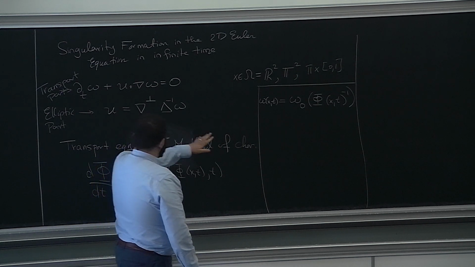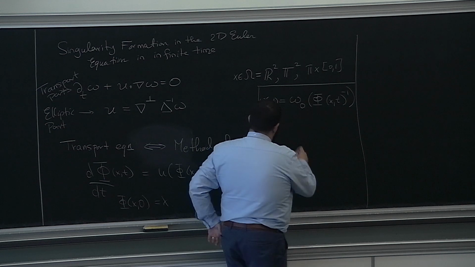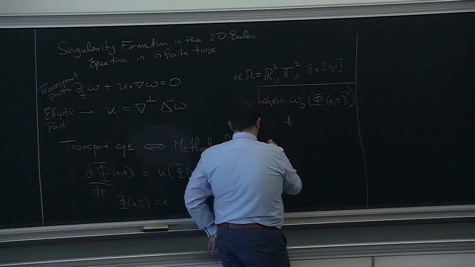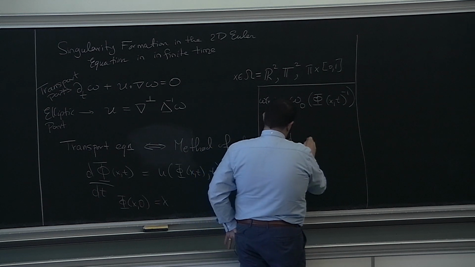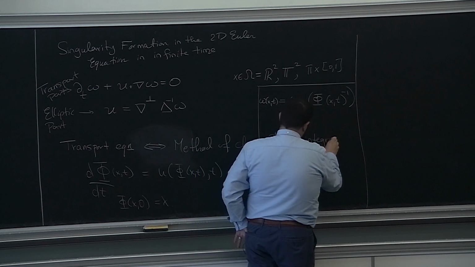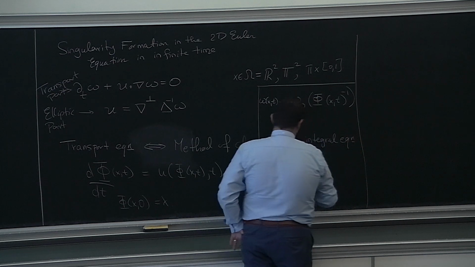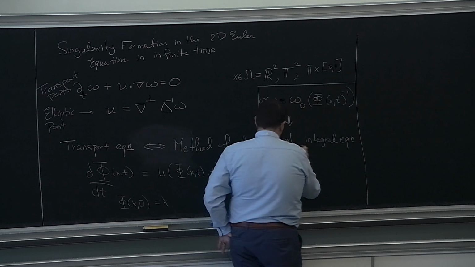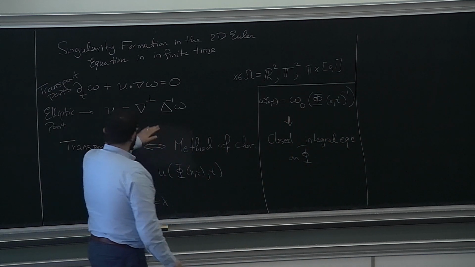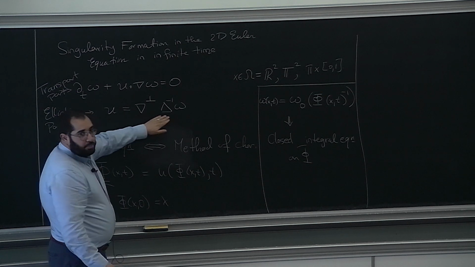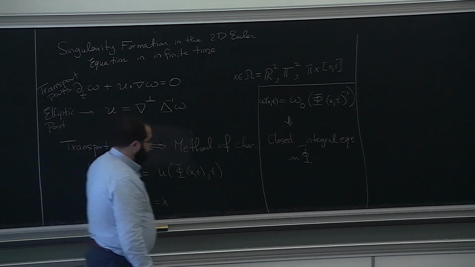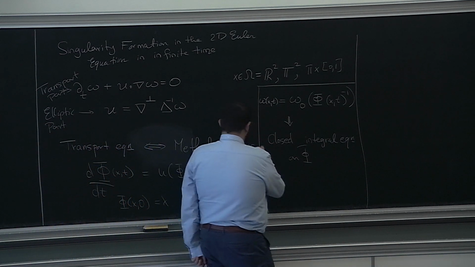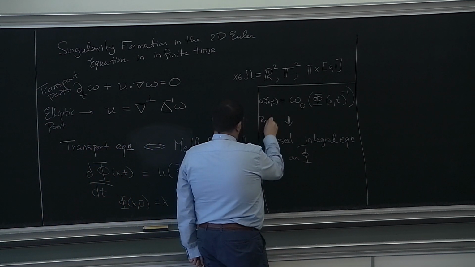In principle, by the way, you can use this to write a closed equation. So you can write a closed integral equation on phi using the kernel of this operator. We won't need it, it's just a remark.